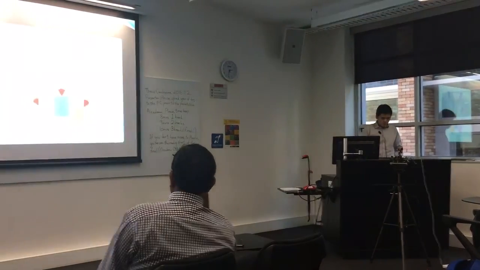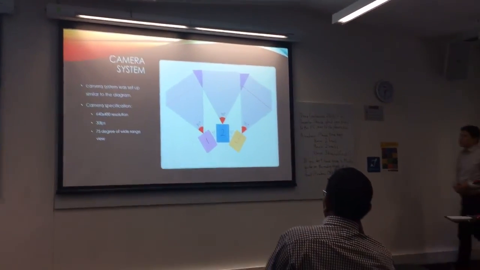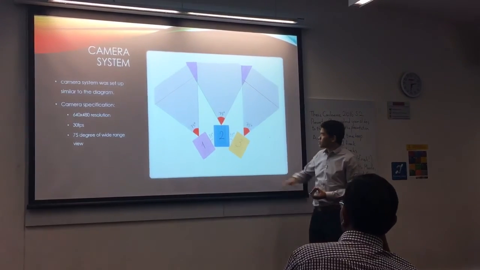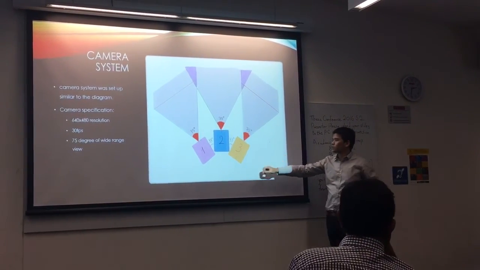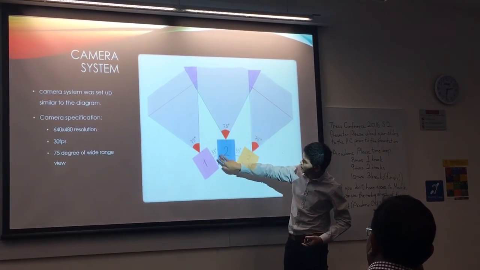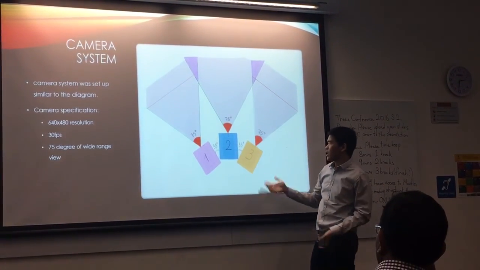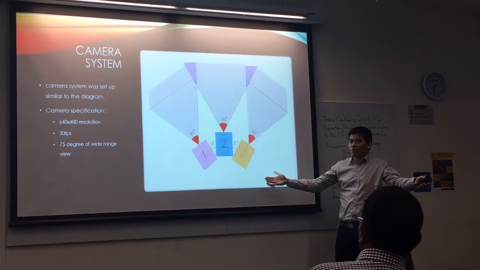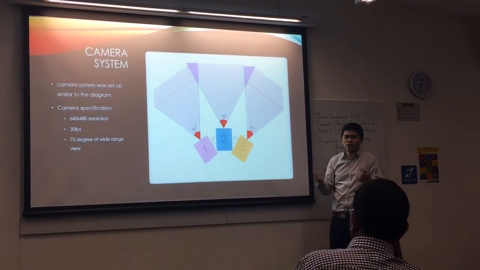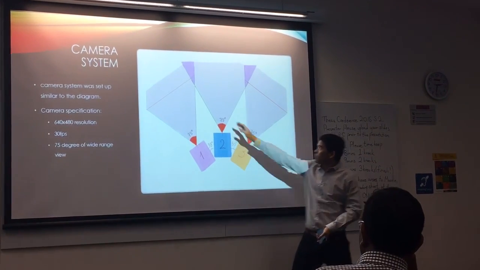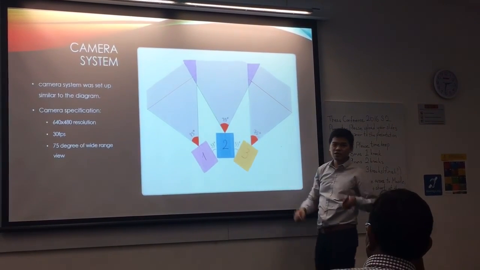Let's go deeper into how we set up the camera system. As you can see, the diagram here is similar to what I set up. One camera has an angle of about 33 degrees, and the other camera has about a 75 degree range of view. The purple region here is an overlap region.